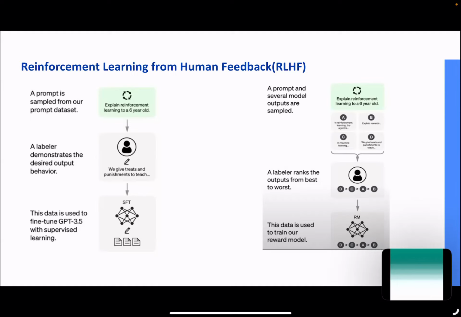So in the case of ChatGPT, if we give a prompt to the ChatGPT model, the answer may be correct. The chances of it being wrong are less, but the answer may be wrong.